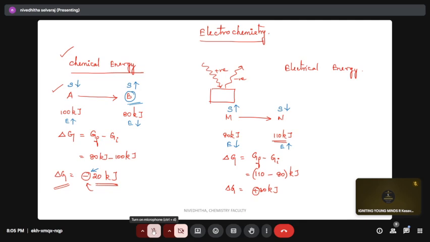If we want to prepare this product, we have to supply a particular amount of energy, and this kind of reaction is called a non-spontaneous reaction. For a non-spontaneous reaction, delta G will be positive, and for a spontaneous reaction, delta G will be negative.